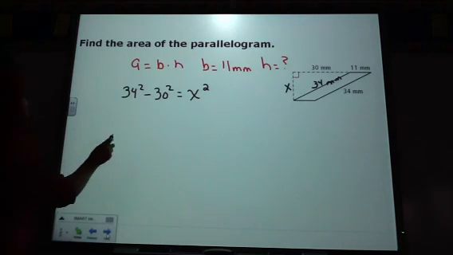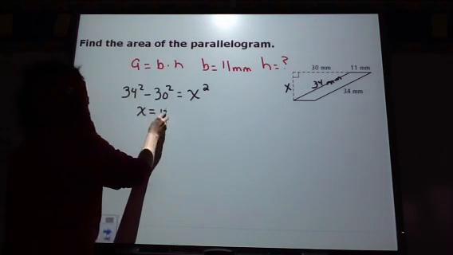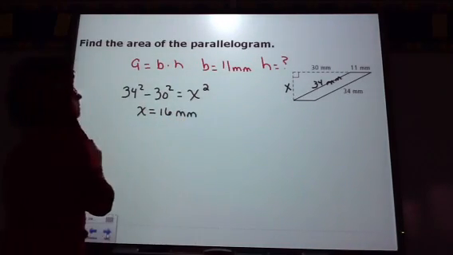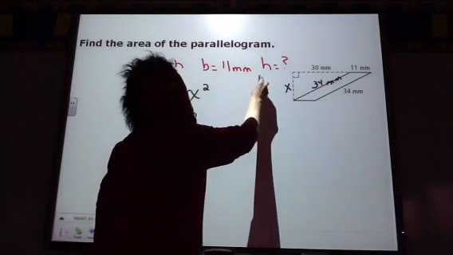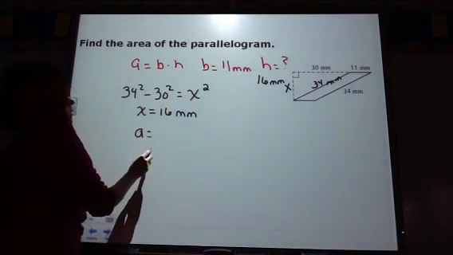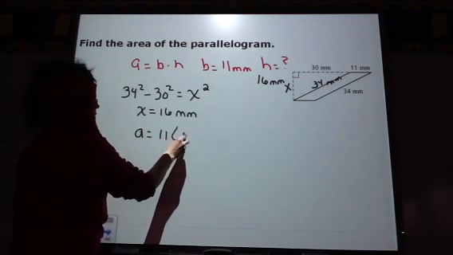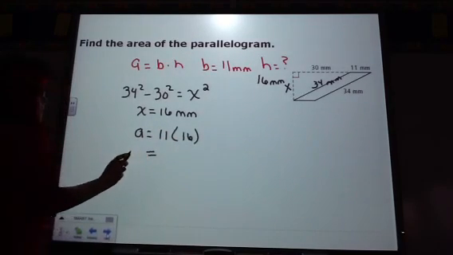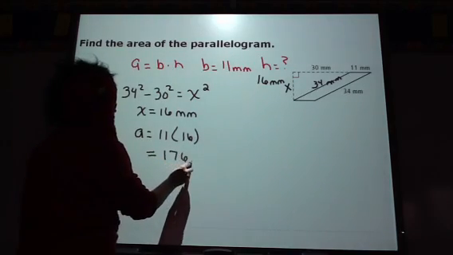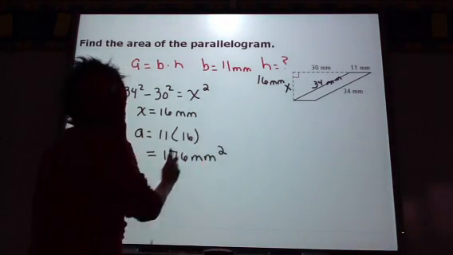So when you do this, you're going to get x equals 16 millimeters. So our height is 16 millimeters. Now we can substitute in. Our base is 11, our height is 16. Therefore, the area of this parallelogram is 176 square millimeters.